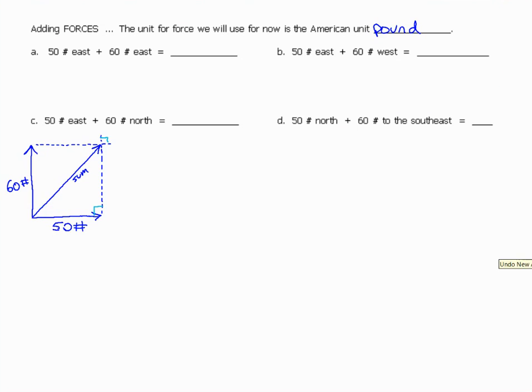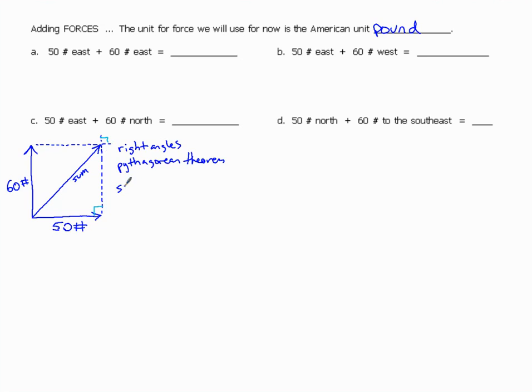I'm going to get rid of that one so it's not in the way. Right angles means we can use the Pythagorean theorem. So we use the Pythagorean theorem to find the length of this sum vector.